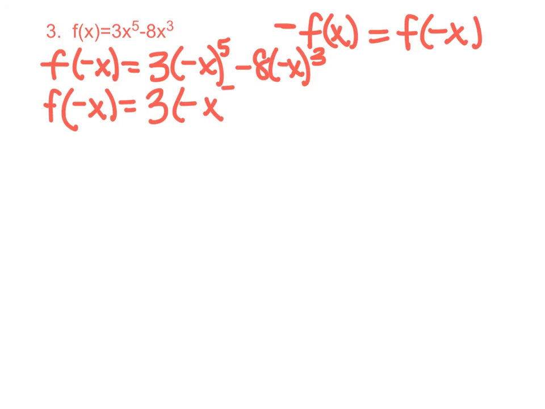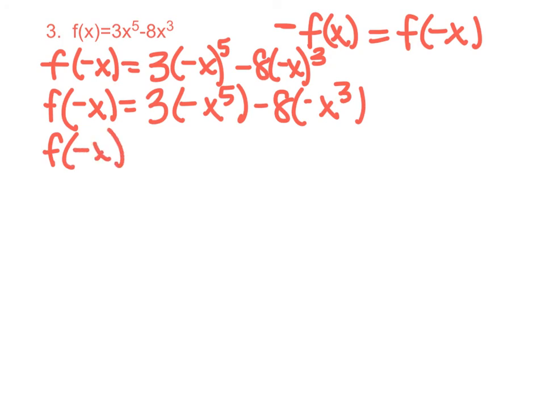And then x to the 5th minus 8, a negative to the 3rd power is a negative, and then we have x cubed. So then f of negative x will be negative 3x to the 5th. And then we've got 2 negatives there, so that's going to make that plus 8x cubed.